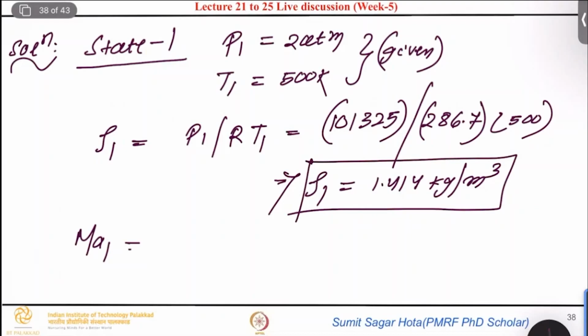Now what is Mach number 1? Detonation velocity divided by gamma R T1 to the power 1 by 2.